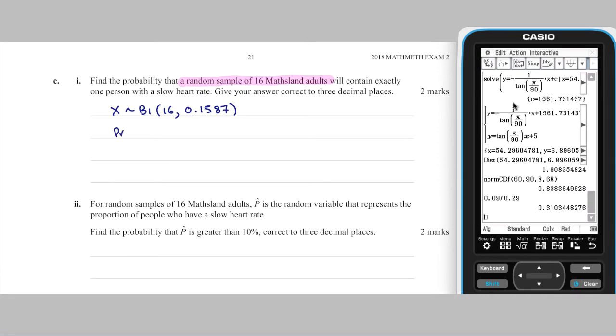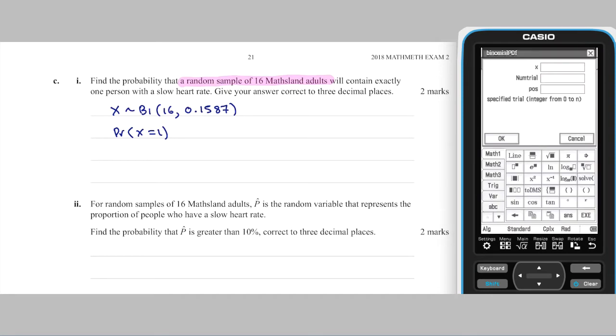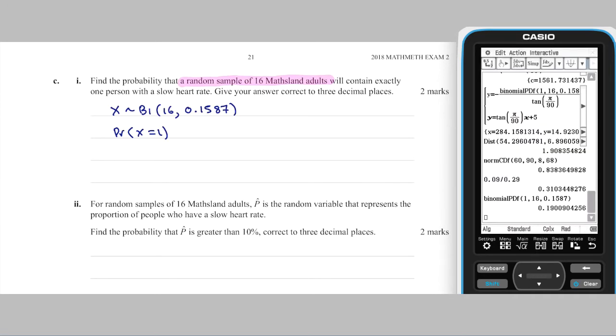The probability that x is exactly 1 can be calculated on our class pad, and this probability is equal to 0.190 to 3 decimal places.